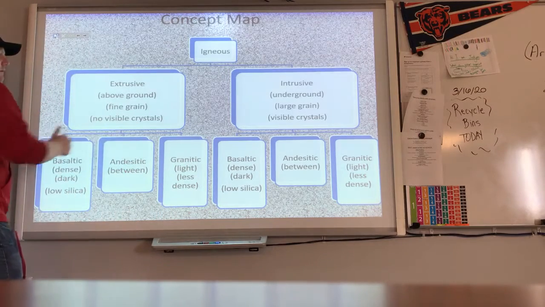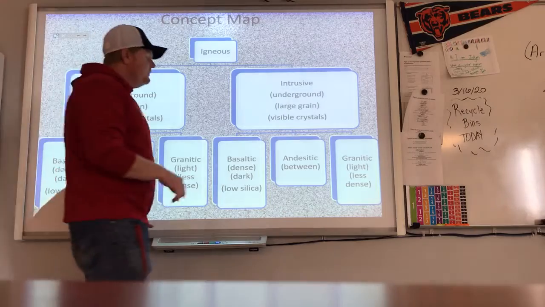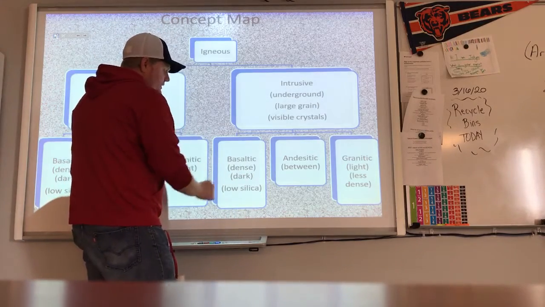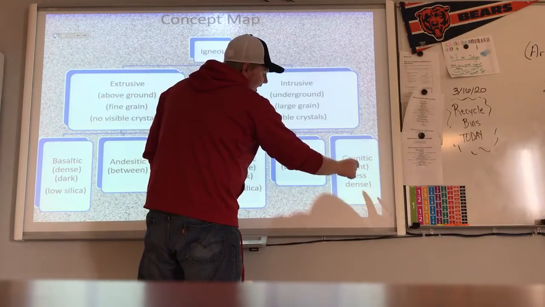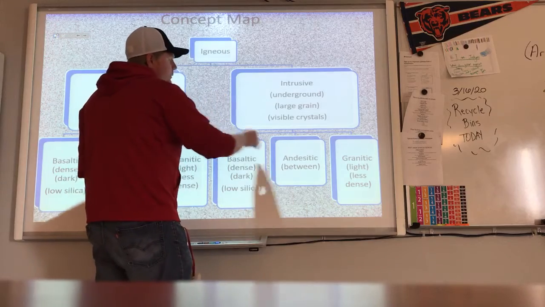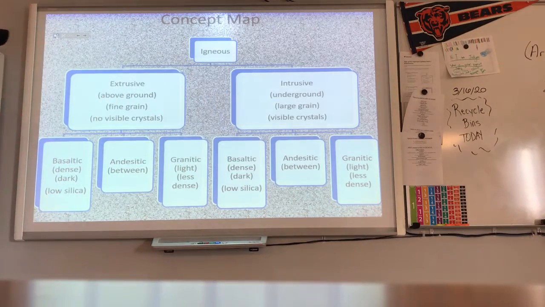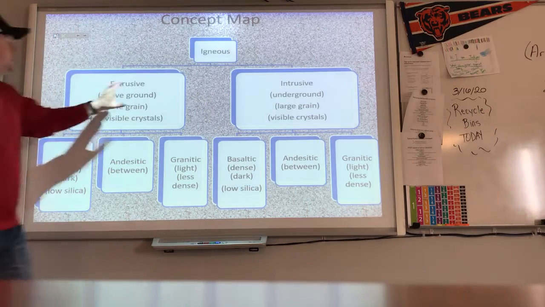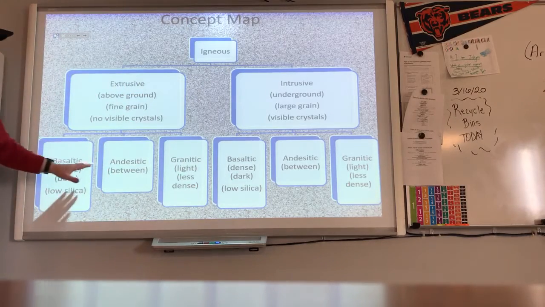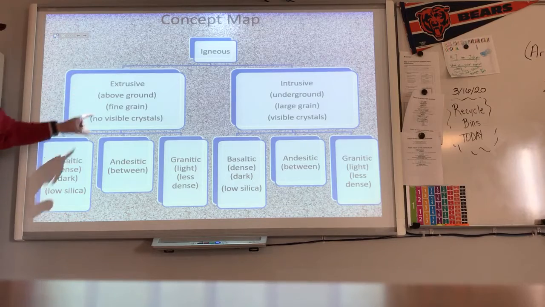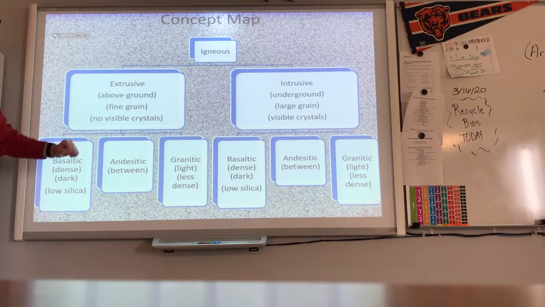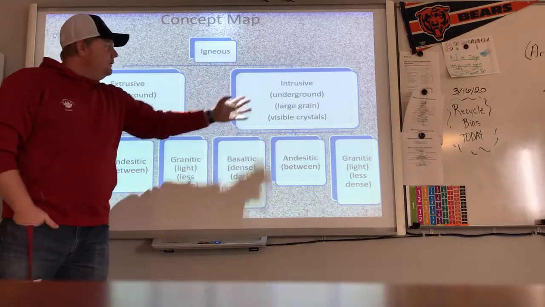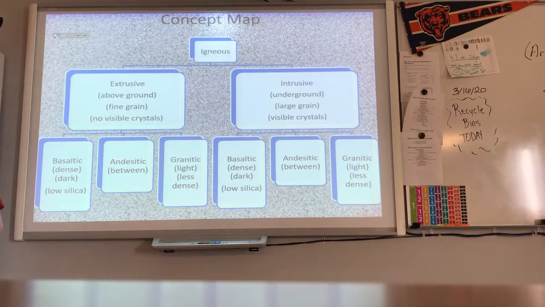Oh, we have 3 gradients. Intrusive basaltic, dense, dark, low silica. Granitic, light, less dense. And andesitic is somewhere in between. All right. The big difference you notice between these 2 groups, and then the basaltic, andesitic, and granitic, they kind of stay the same, but this group will have fine grains, no visible crystals. This group will have large grains and visible crystals. So it's a way to kind of break them down, think of it in another light.